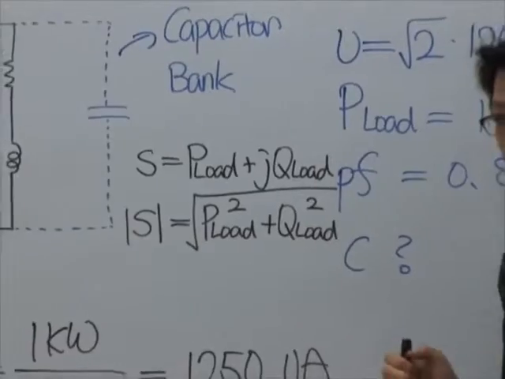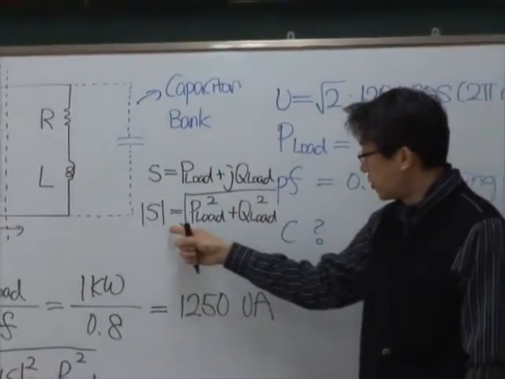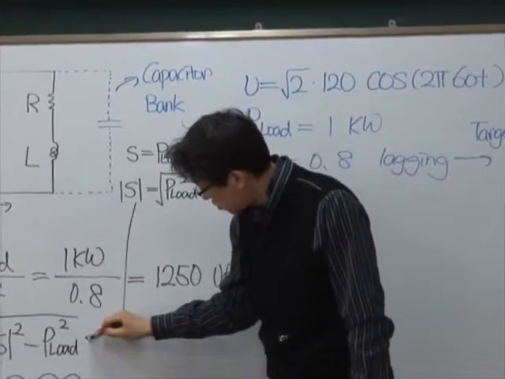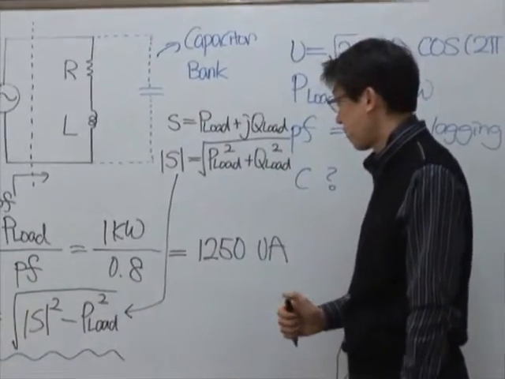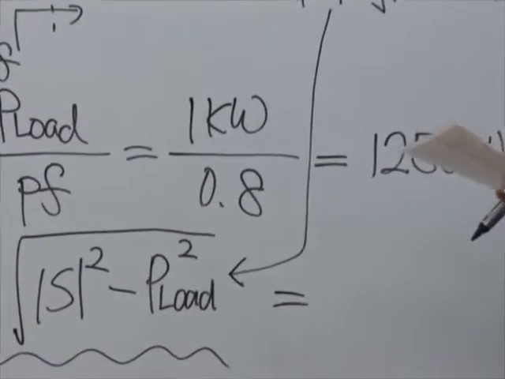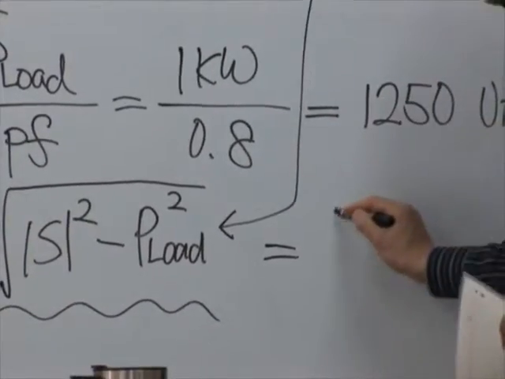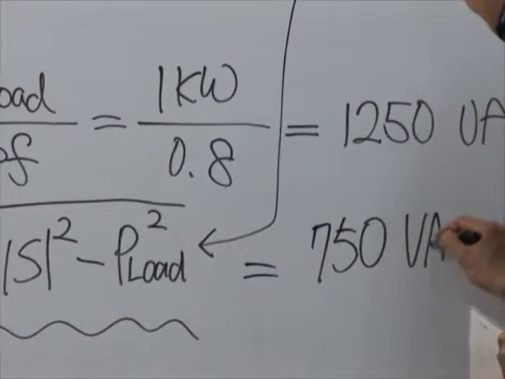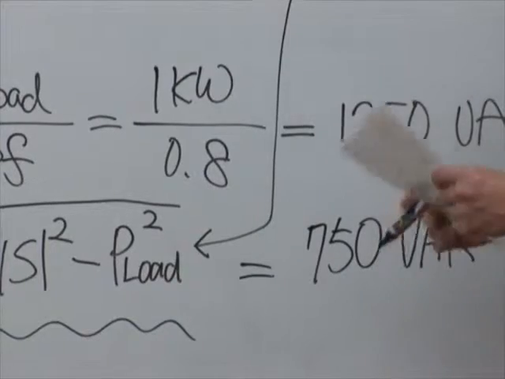So from this, we can get this relationship. And if we plug in the numbers, then we get 750 volt ampere reactive, var.